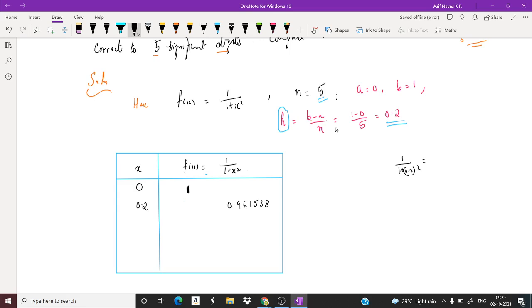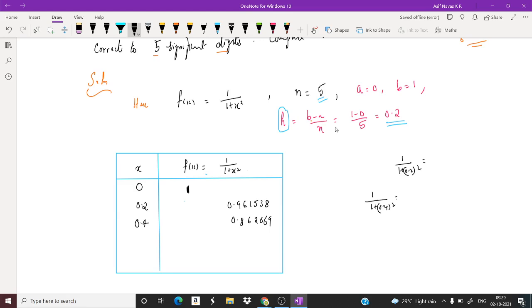Okay. Now next value is we add 0.2 to this, 0.4, and we have to find out 1 by 1 plus 0.4 all square, which is 0.862069.